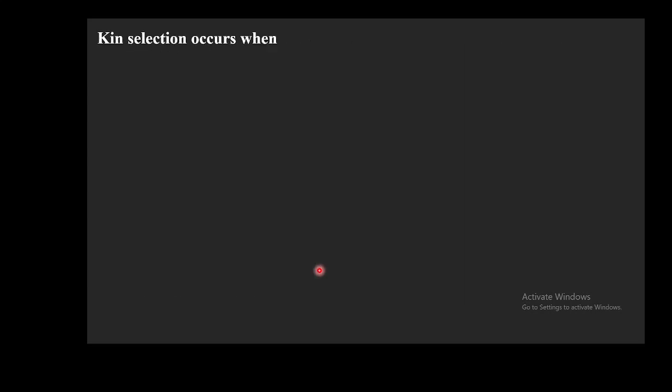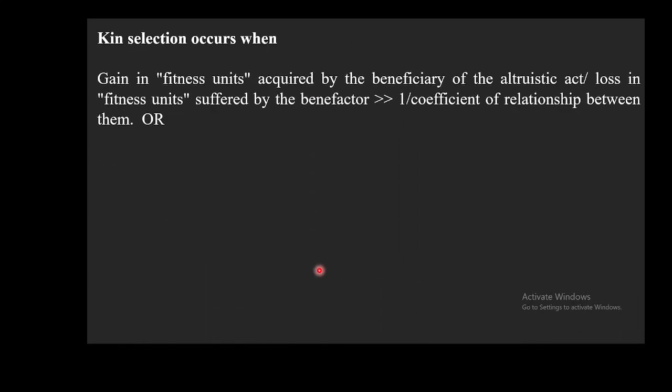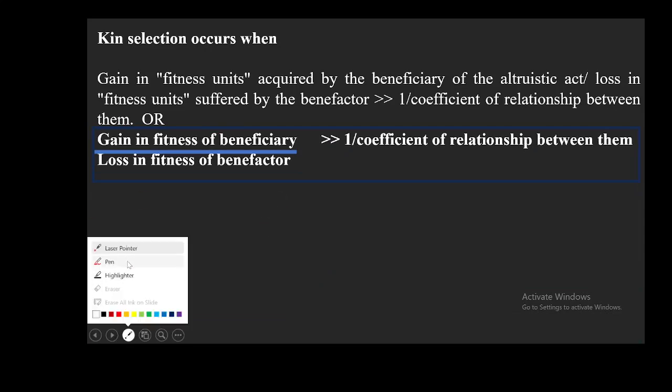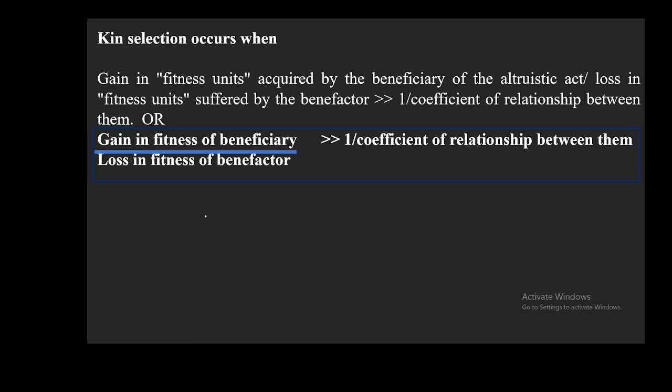So how does this happen? Whenever there are two individuals, in this case we can see what happened. Suppose this is the individual and these are some close individuals.